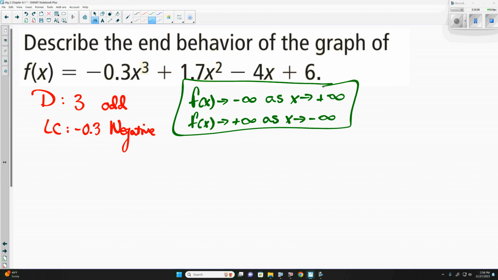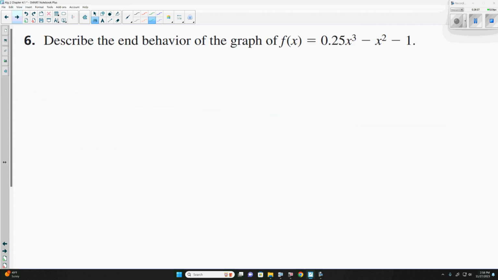Questions on this one here? Are you ready for the last one? Describe the end behavior of this polynomial function. The degree is 3, which is odd. Leading coefficient is 0.25, which is positive.